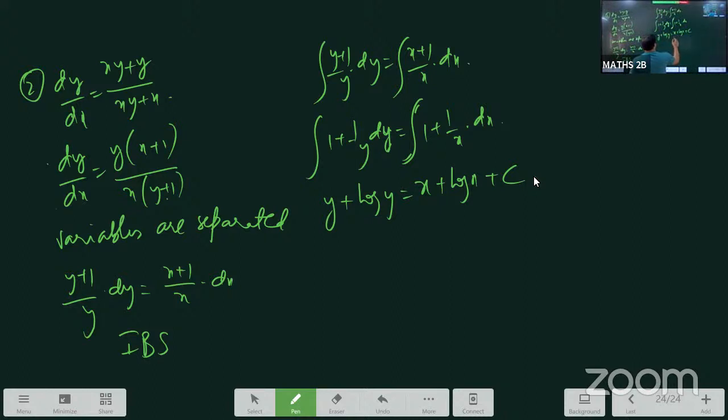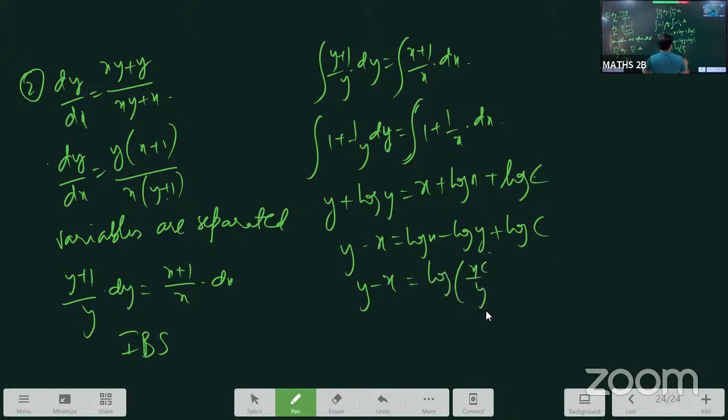You write C as log c, means y minus x is equal to log x minus log y plus log c.